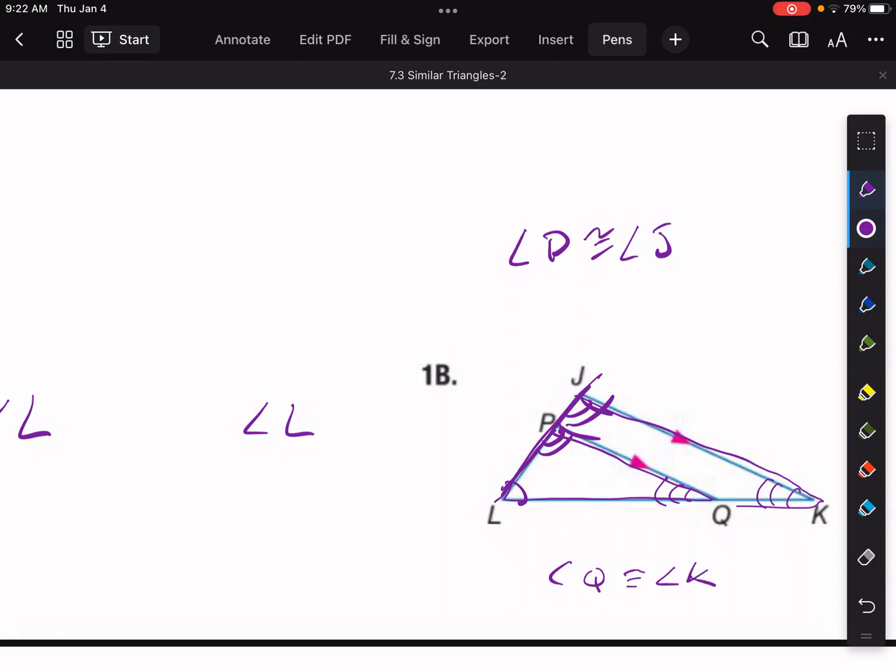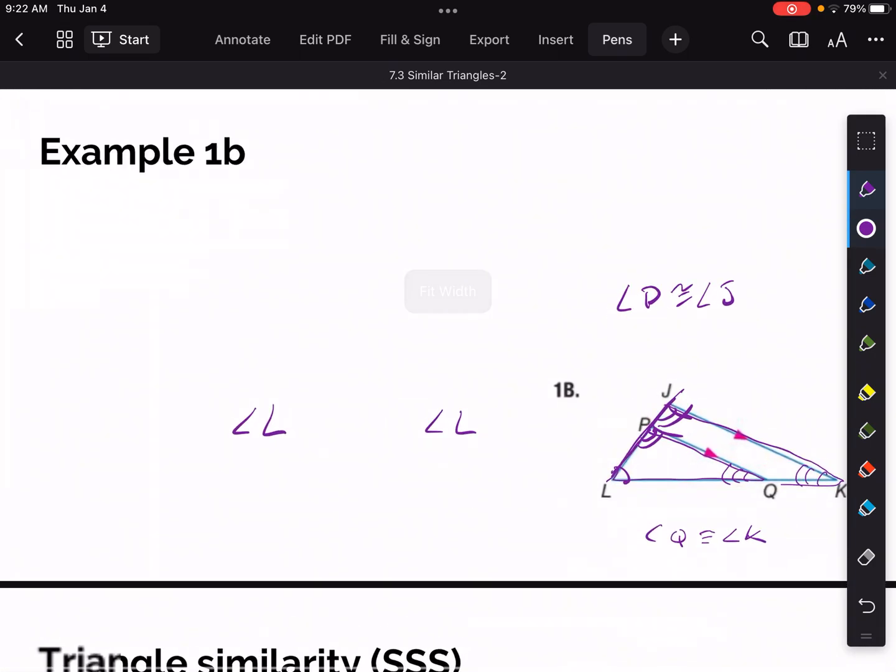For 1b, one of the directions that they stated here was, if we determine that they are similar, we need a similarity statement. Okay, so we know L is congruent to L, P is congruent to J, Q is congruent to K. So I'm just going to name one of the triangles. Okay, so I'll start with a small one. I'll say triangle LPQ. And again, order is important here. It is similar to triangle.